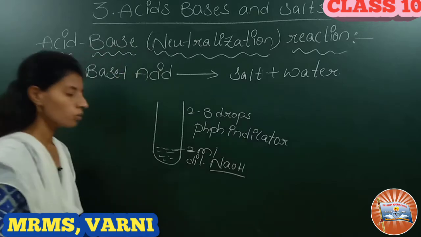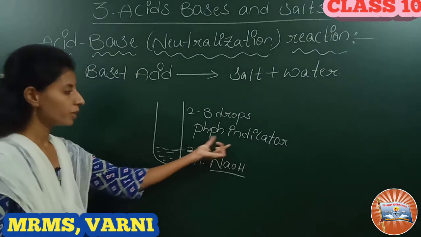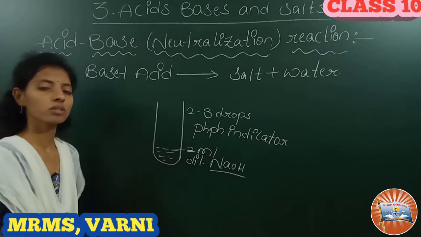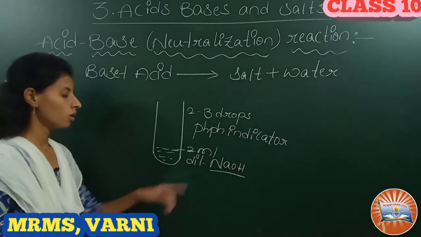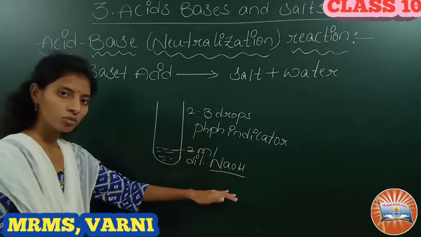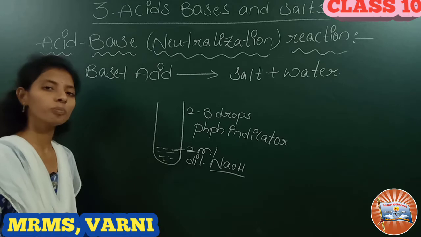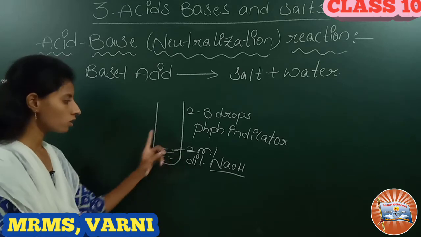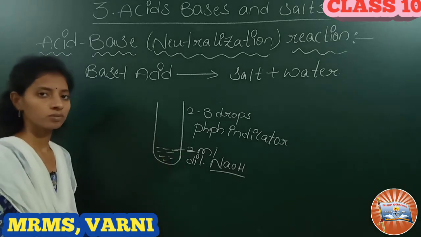What will happen when we add the pH indicator to this NaOH? We know when phenolphthalein indicator is mixed with a base, it will give pink color, right. So, the solution turns pink in color.